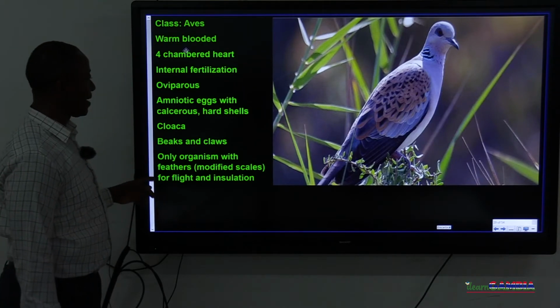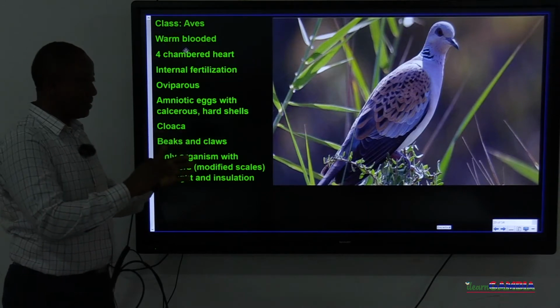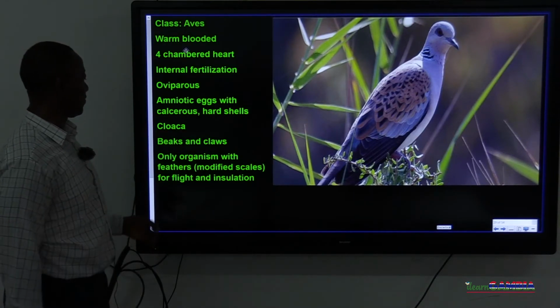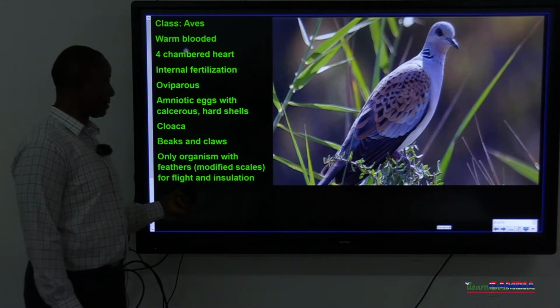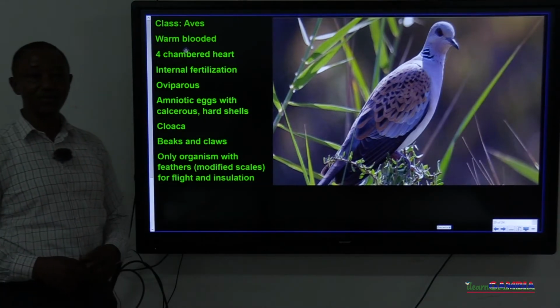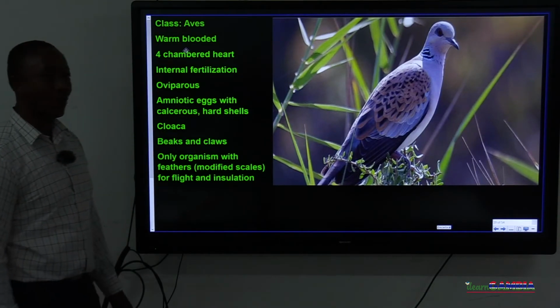The feathers, scientists say, are actually scales that have modified or changed themselves into something else, which helps the birds for flight, and it also helps for insulation. So it keeps the birds warm, and it helps them whenever they want to fly.